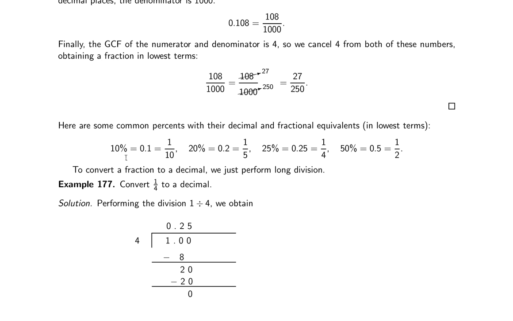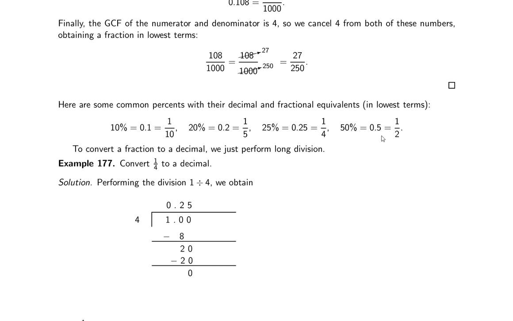These examples: 10% is 0.1 as a decimal, and 1 over 10 as a fraction. It's really 10 over 100, which simplifies to 1 over 10. 20% is equal to 0.2 as a decimal, and as a fraction, 20 over 100 simplifies to 1 over 5. 50% we saw.